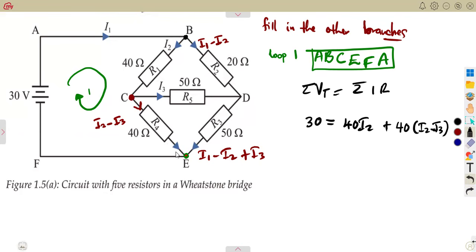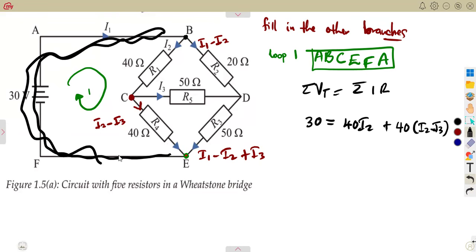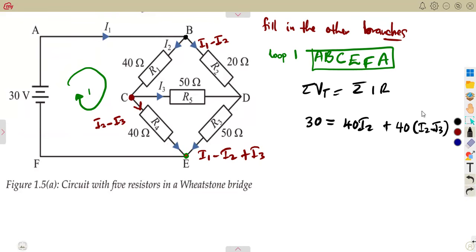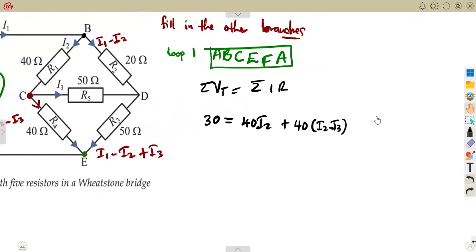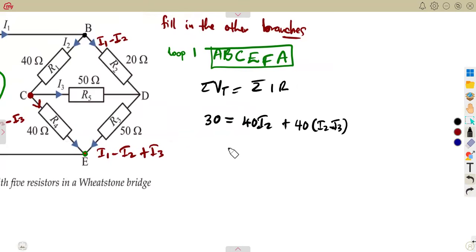If we move on from E to F, that is the same branch that we had before, where we just have current I1, but no resistance. So there's nothing left there. You can expand your brackets. Thus, you've got an equation there. So that's 30 is equal to 40 I2, then expand the brackets there.